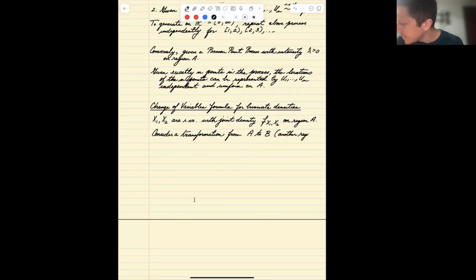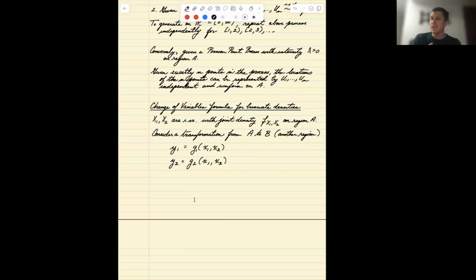A lot of times A and B might be the same, might just both be real numbers, but let's keep it general. And so we're going to define new random variables, a new function. Y1 is going to be g1 of x1, x2, and y2 will be g2 of x1, x2. So we're going to define two random variables from the previous random variables.